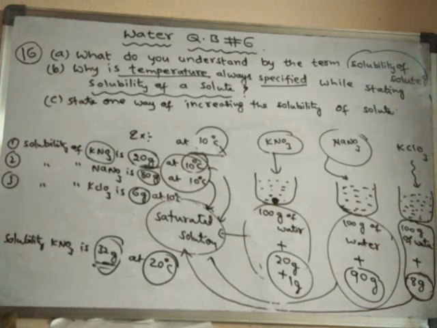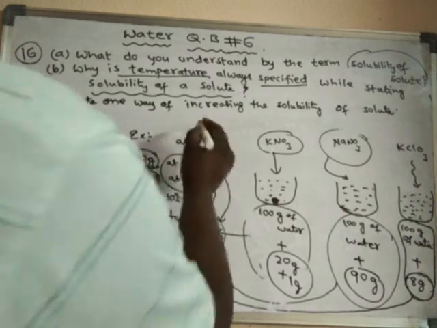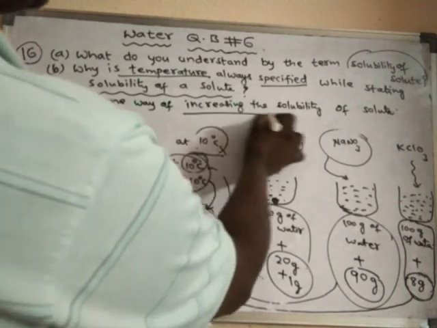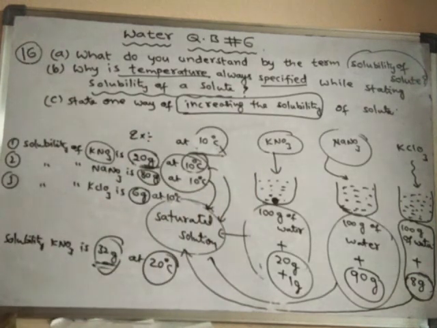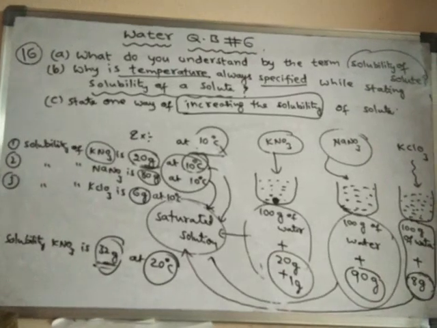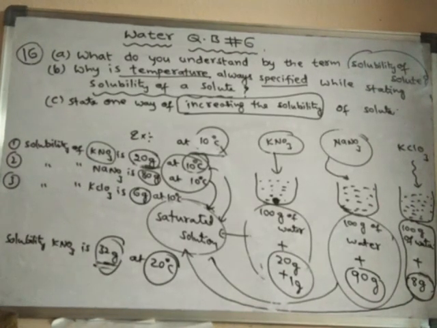So like this by increasing the temperature, we can increase the solubility. Solubility of a substance can be increased by increasing the temperature. Okay. So like this, we can discuss the solubility and how it changes with temperature. Okay. Right. We will learn the other things in the next video.